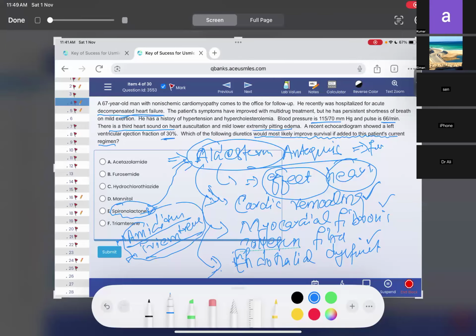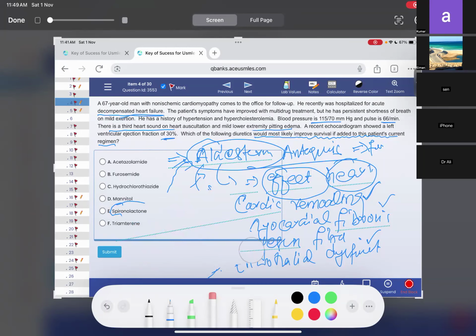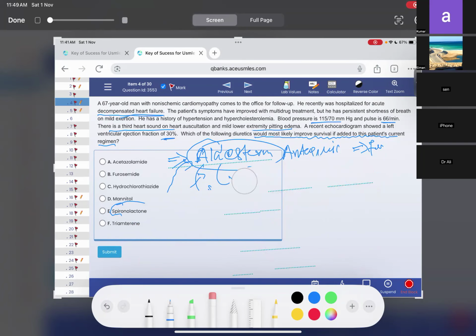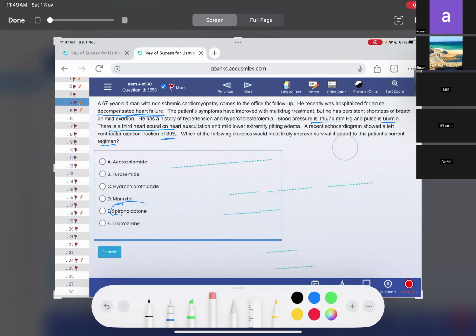These others will not antagonize aldosterone; they work on specific channels called ENaC produced by aldosterone. That's why spironolactone is a very important drug that should be given to the reduced ejection fraction patient. Clear, everybody? Yes, sir.